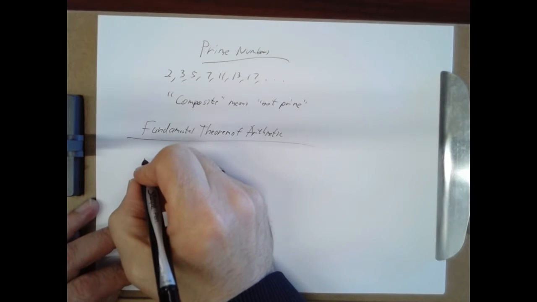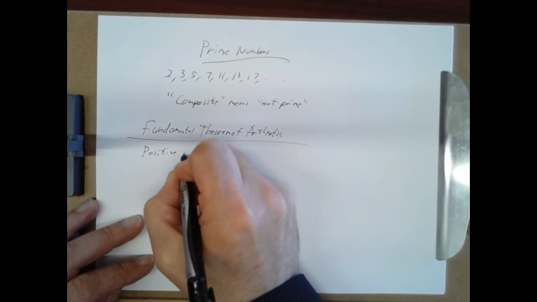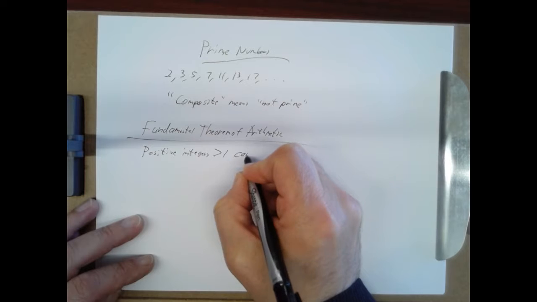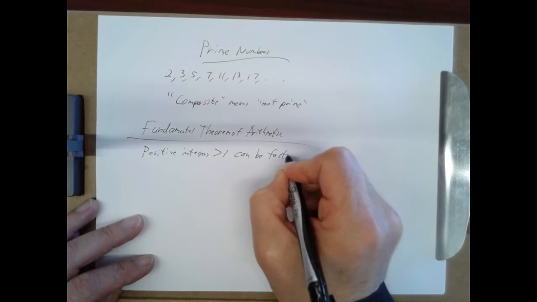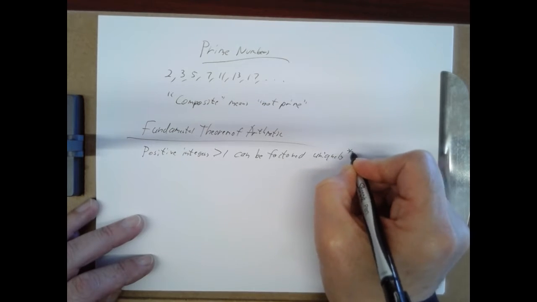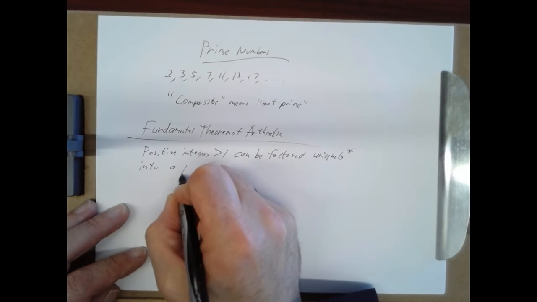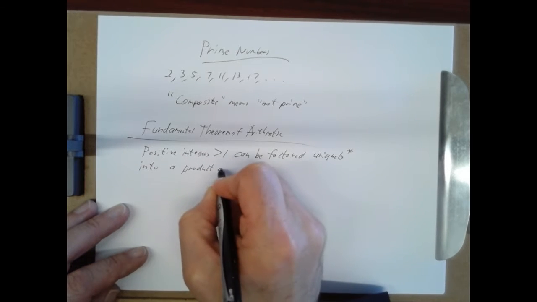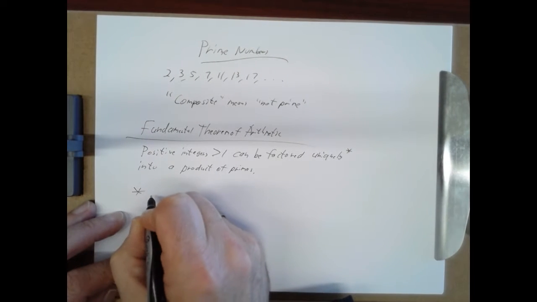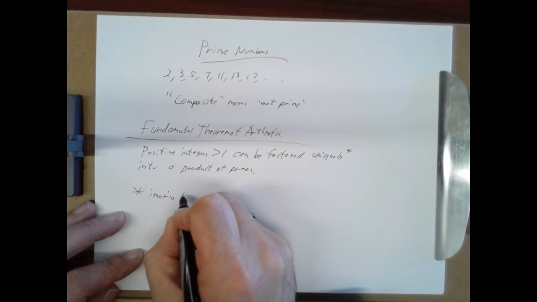So let's say positive integers greater than 1 can be factored uniquely, with a footnote, into a product of primes. What's the footnote? Ignoring the order.